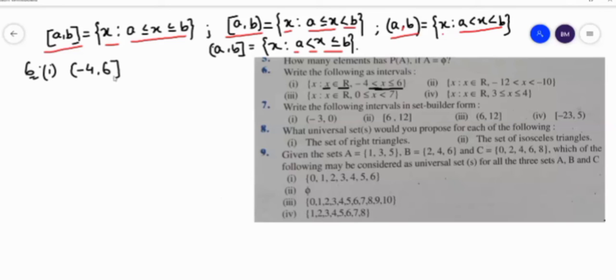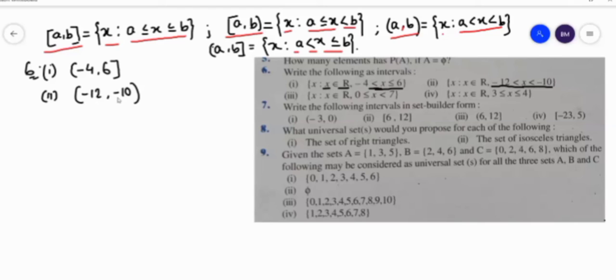Now 6 Roman 2. Check that it is given the collection of all those x such that -12 less than x less than -10. That implies both are less than, no equal to sign is there. So for 6 Roman 2, the interval will be the open interval minus 12, minus 10.